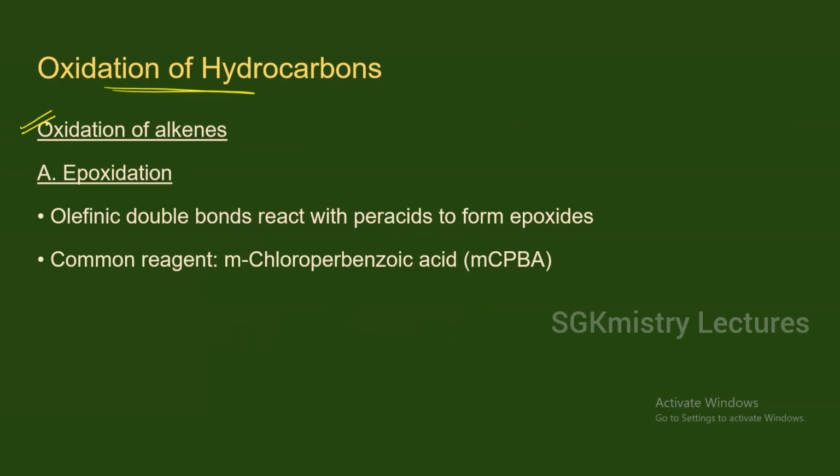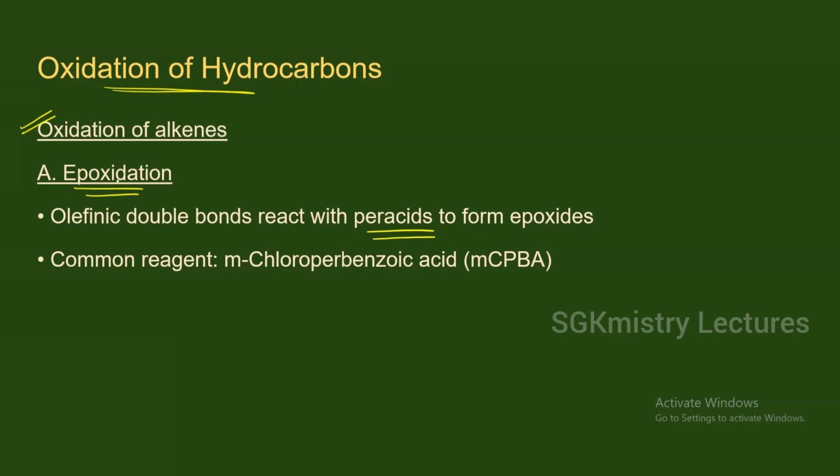So the first method is by epoxidation. So olefinic double bonds react with peracids to give epoxides. Epoxidation is also a type of oxidation where oxygen is added across the double bond of the alkenes. So we know that alkenes have C=C double bonds in them.